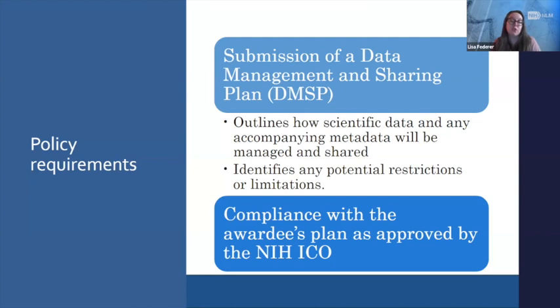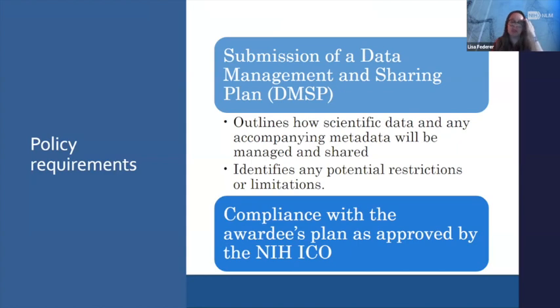The policy requires two things. One is the submission of a data management and sharing plan that outlines how data and accompanying metadata will be managed and shared, as well as identifying any potential restrictions or limitations to sharing of that data, which we'll talk about. And the second piece of that is compliance with the plan as approved by the NIH Institute Center or Office, which is what ICO stands for.